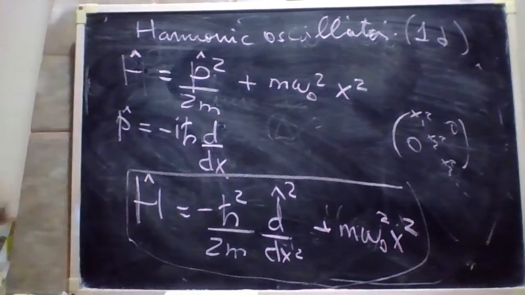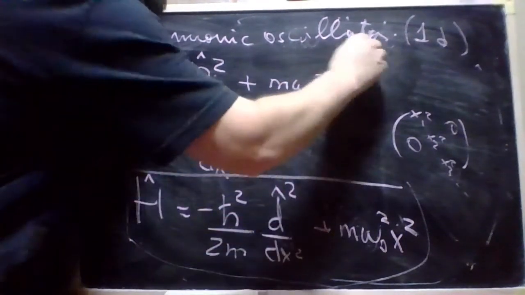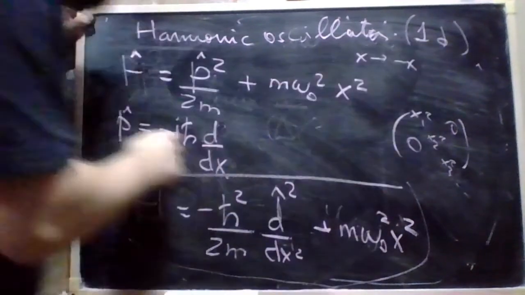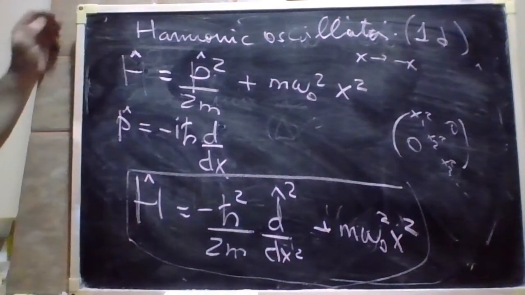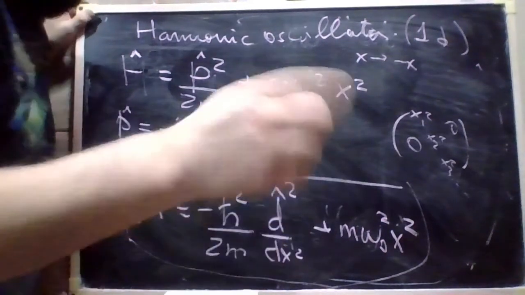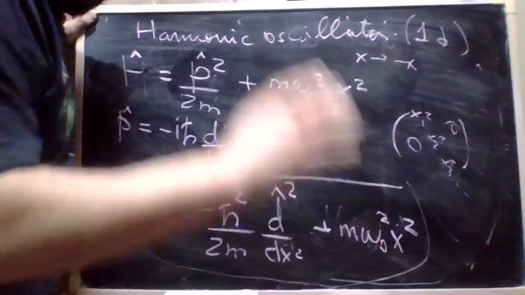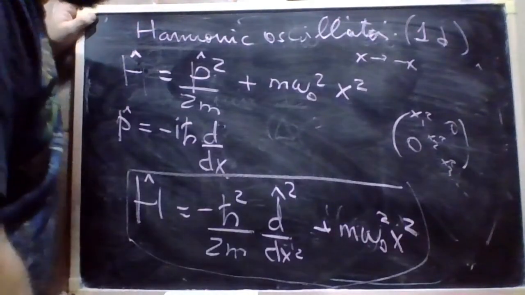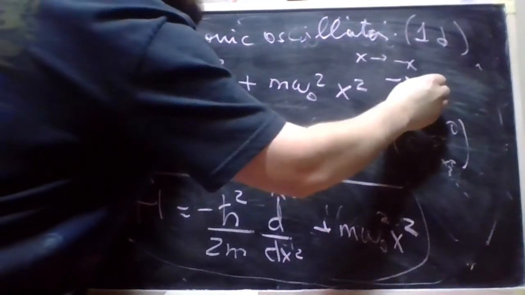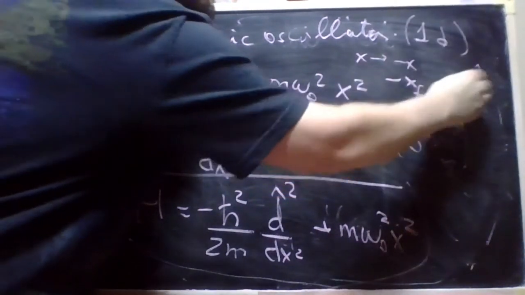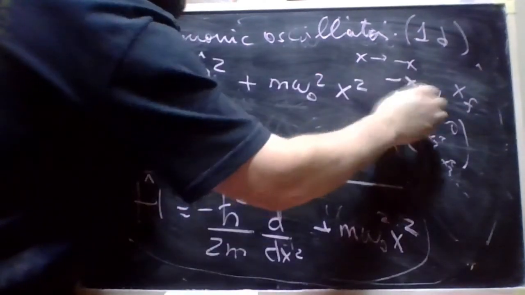But you must be wise because this operator is symmetric when you change x by minus x. Also, the second order derivative is an even operator. So in a numerical simulation in a computer, you always need to pick symmetric limits. So choose from minus some value of x final till you reach the x final, you put endpoints.